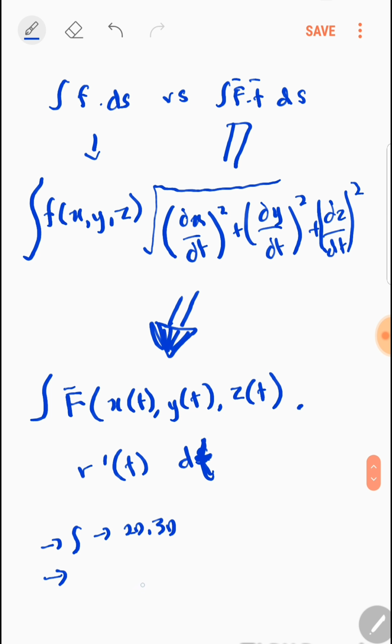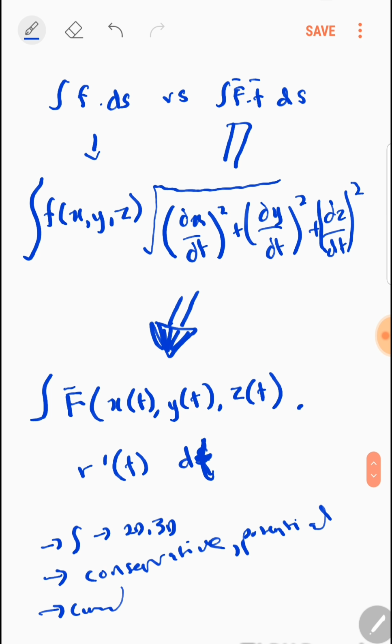How do we say whether f is conservative or not? And the potential function. And how do we check if it satisfies being a conservative field? That is when your f is continuous and independent of its path.